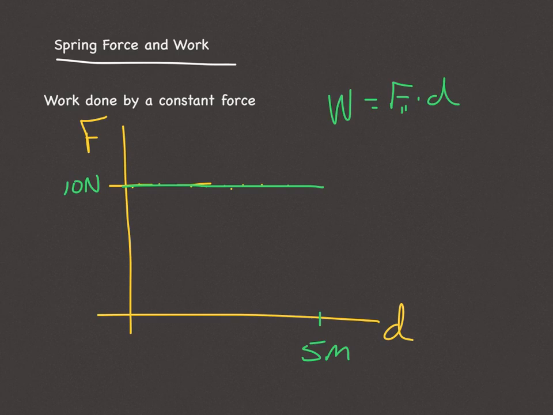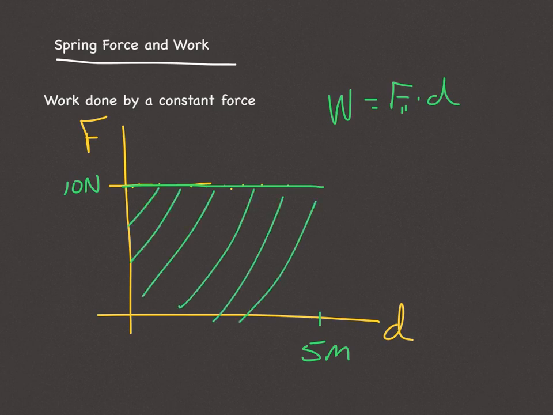So how can I get work from this graph? If I saw a graph like this and wanted to get the change in the energy of the object, what would I do with that information? Good. I would take the area underneath that curve. Since this is a rectangle, the area is the height times the width.